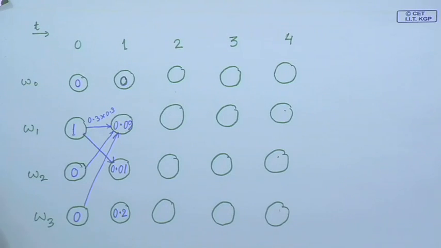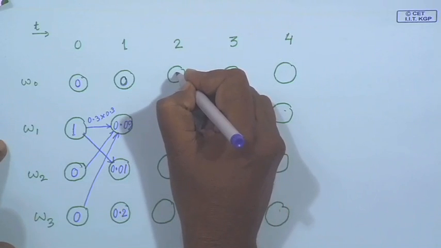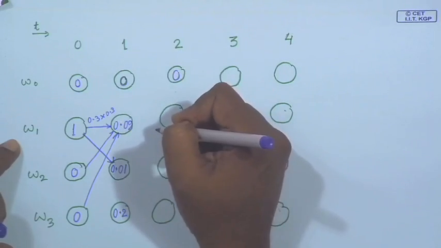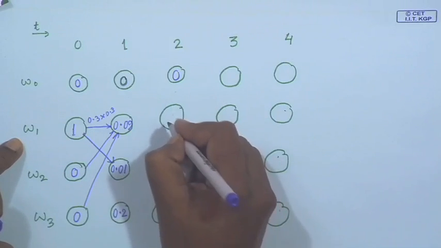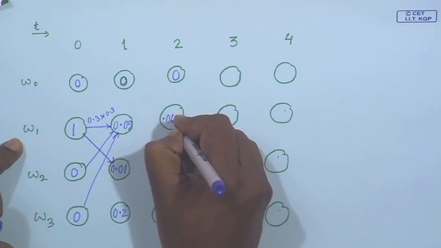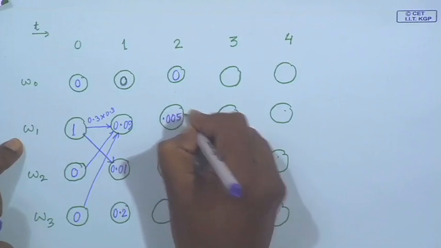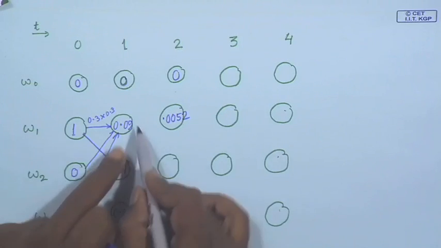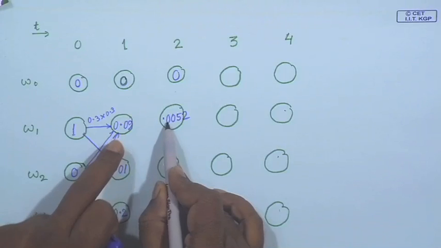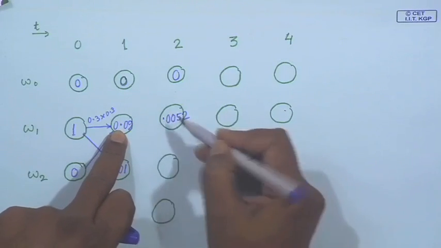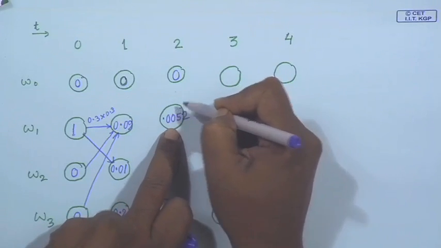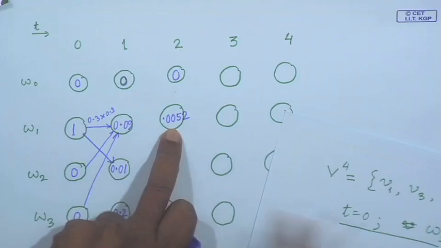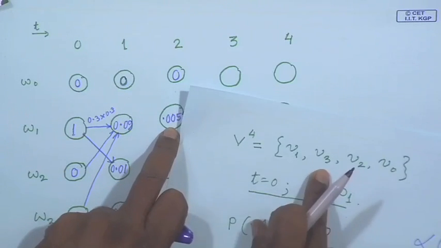If I continue in the same manner, you will find that in time step 2, alpha 0 will be equal to 0. In time step 2, alpha 1 will be equal to 0.0052. You can do this computation. This is nothing but this transition probability multiplied by this, multiplied by b jk v t, and in this case b jk is b 1, and my symbol is V 3.